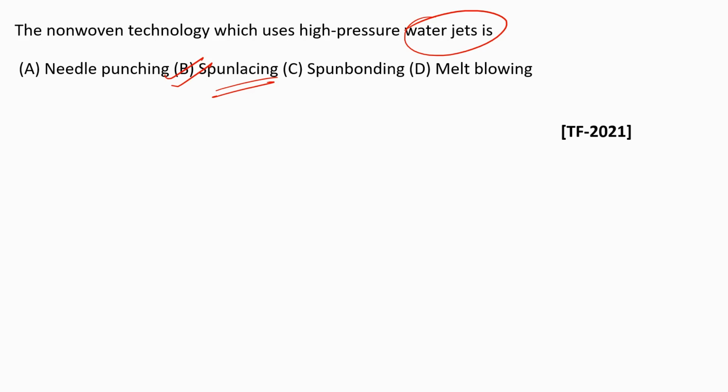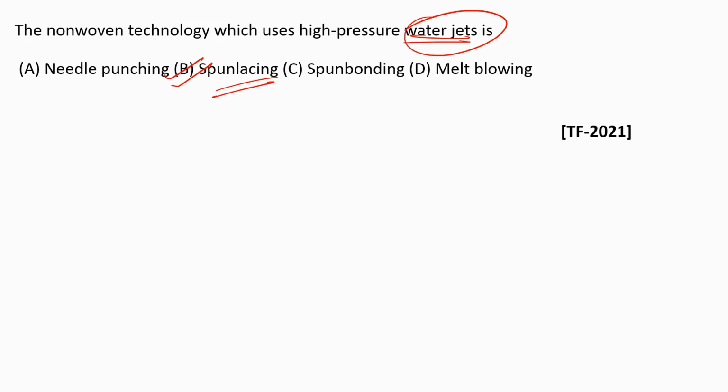So basically, in this process, loose fiber webs are loosely held, and when they are subjected to high pressure water jets, a sheet is formed, which is known as the spun lacing process. So it uses high pressure water jets. Option B is the right answer.